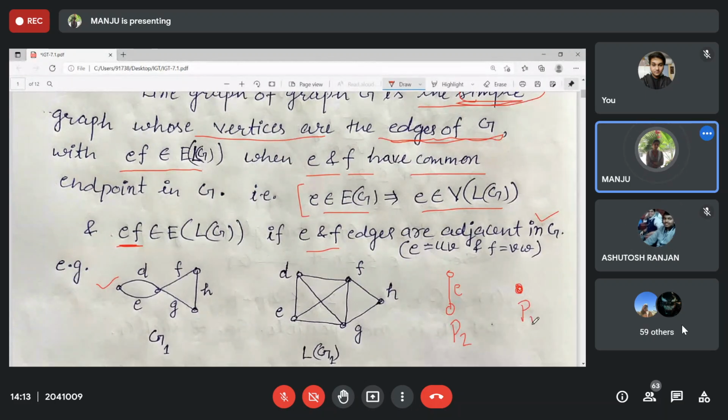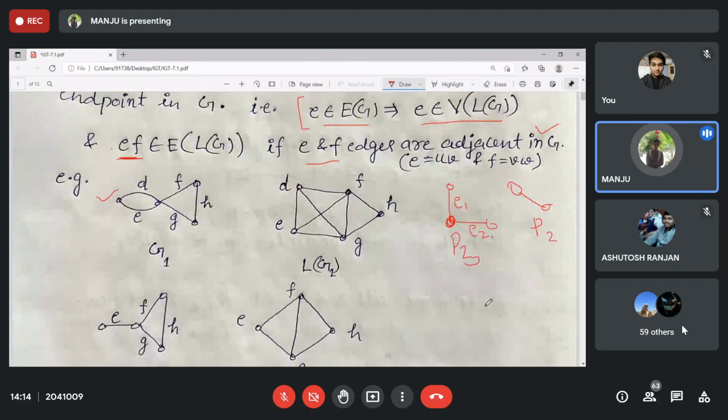So we have the line graph of P2, and the line graph of P3 with edges E1, E2. Corresponding to E1 and E2 we have two vertices. Are these adjacent? Yes, these two edges become two vertices, and they will be adjacent because they have a common vertex. So this will be P2.